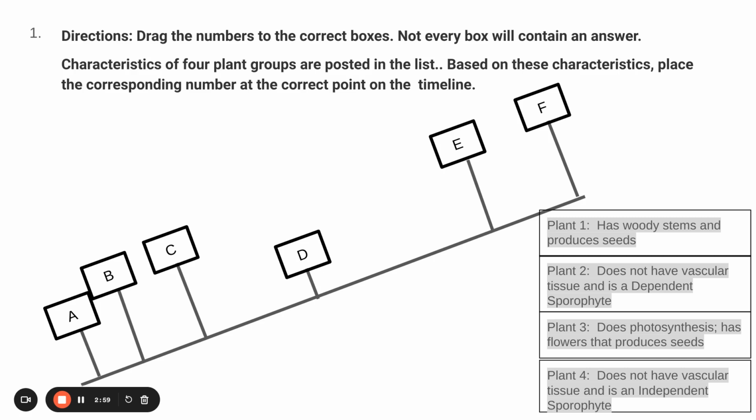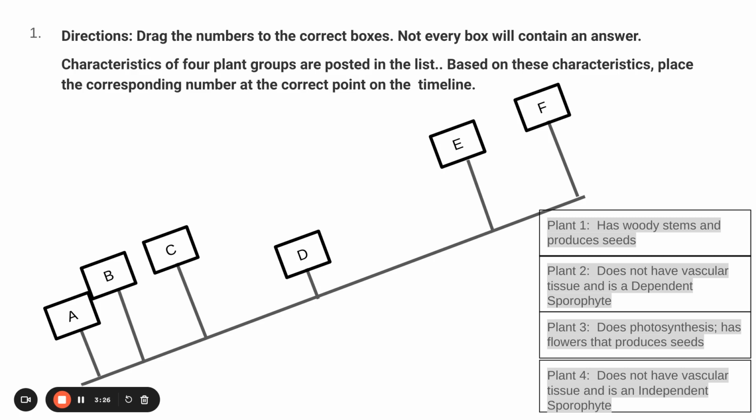So on your timeline, find woody stem and then produces seeds. So you know the way that a timeline works, it means that this particular answer is going to have to be either box E or box F. We don't know which one yet, but this particular plant has stems and it has seeds. All right, so we'll come back to number 1.